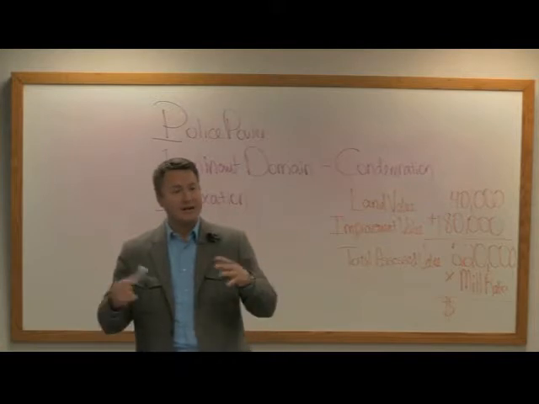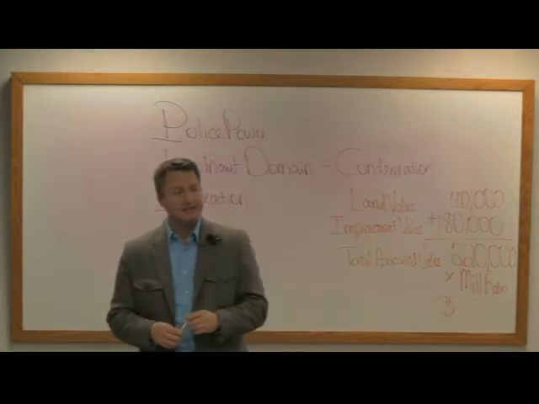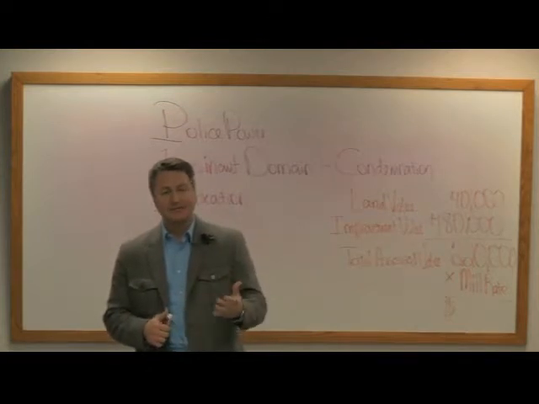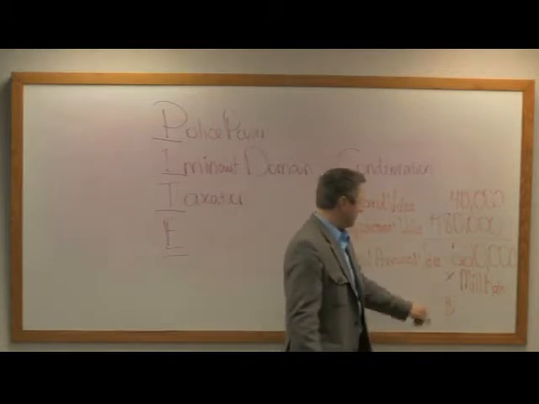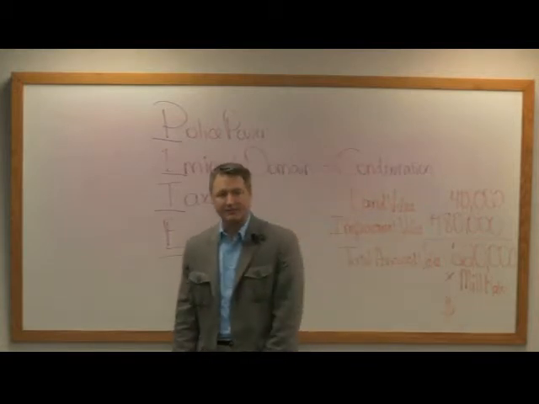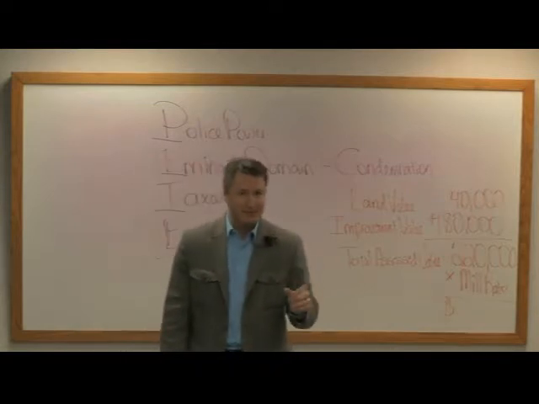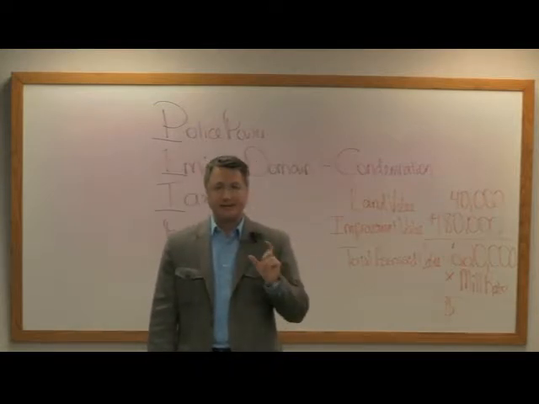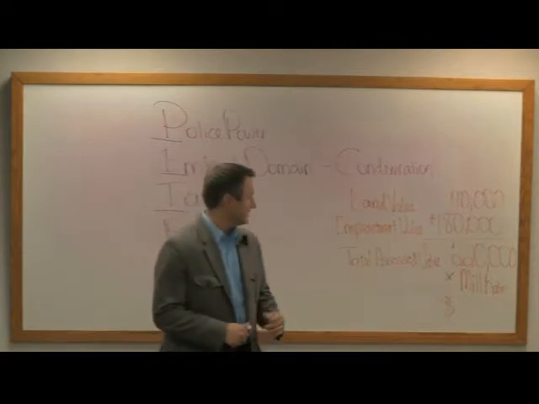So we add up all the properties that are taxed, we add up all their assessed values, and we divide it by that city budget, and that gives us a mill rate. And so we take that times our assessed value, and that'll give us our property taxes. We'll talk more about that mathematical process on a later day. But for now, that's how your property taxes are figured up.